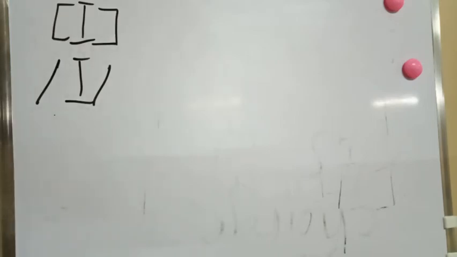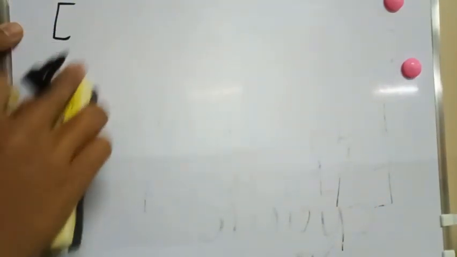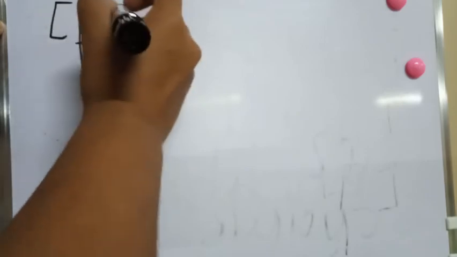Okay, so let's start with the consonant sounds, the symbols, how to write their symbols, and also how to pronounce them, or what their sounds are. So you have to remember the sound of each symbol. So let's start with this symbol.